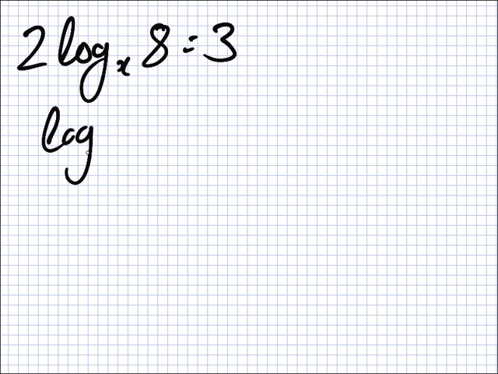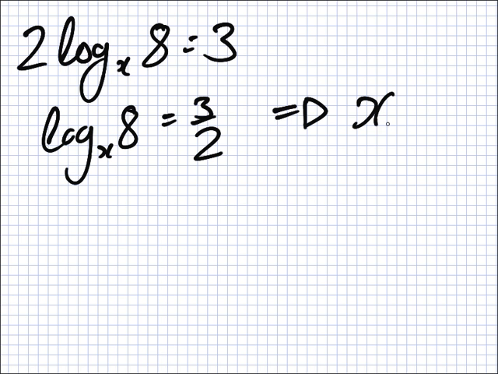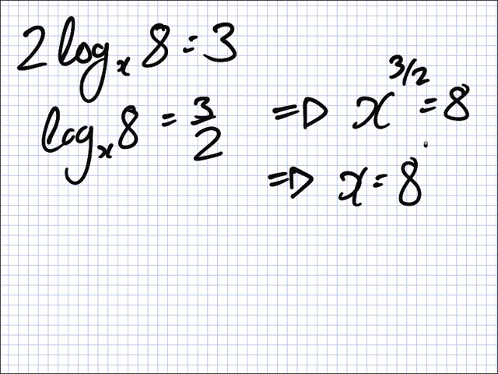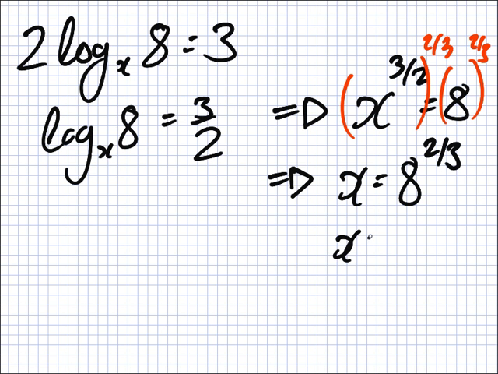2 log_x 8 equals 3. So that means log_x 8 equals 3 over 2, which means x to the power of 3 over 2 equals 8. Right? That's the definition of log. So then that means x equals 8 to the power 2 over 3, because what you can do on the left and on the right is raise to the power 2 over 3. So that means x is 4.